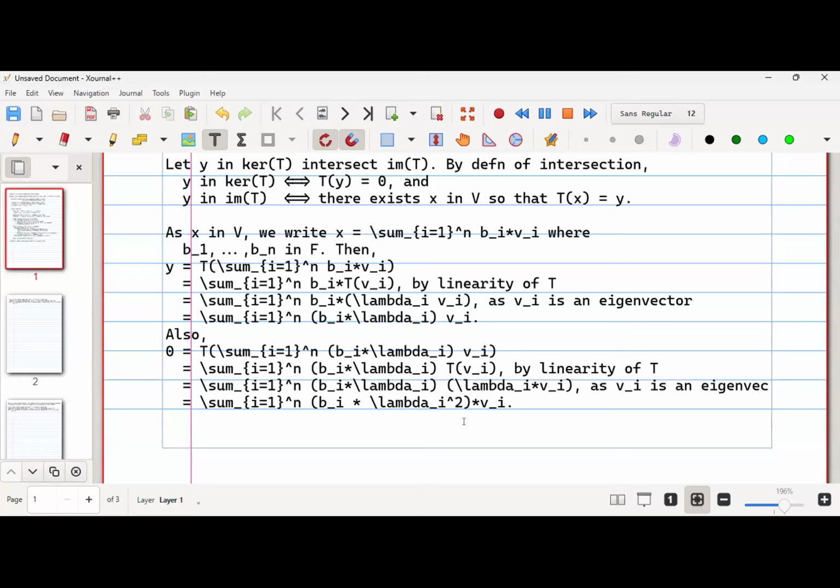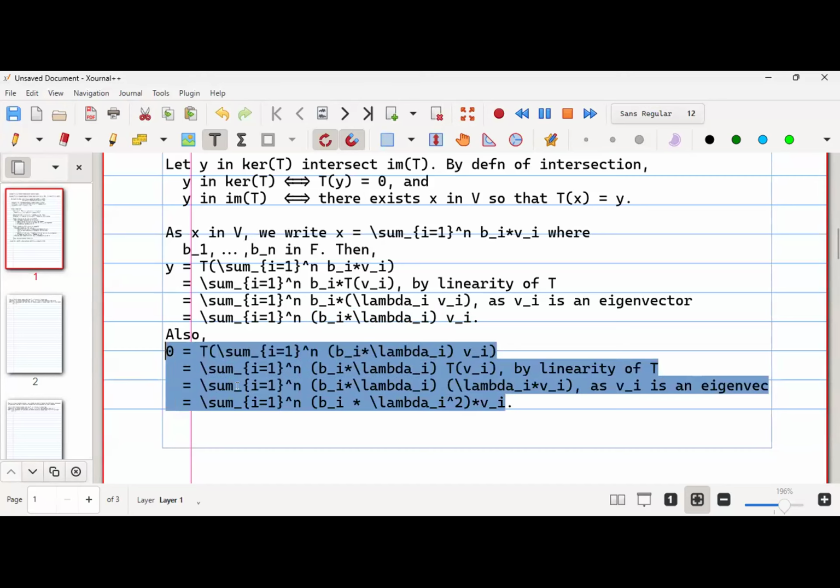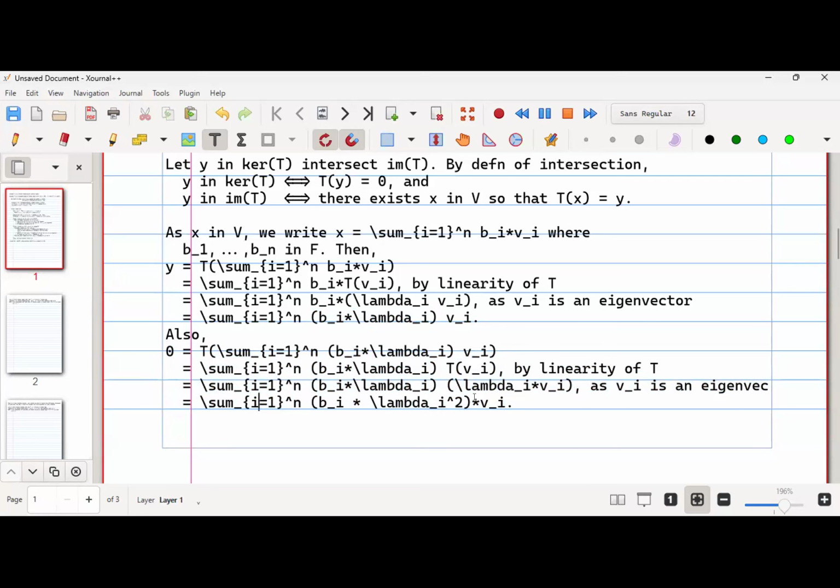Given that, how do you think we can get there now? Because we do have a convenient setup. We have a linear combination of basis vectors now representing the zero vector. So what do you think is the next step?